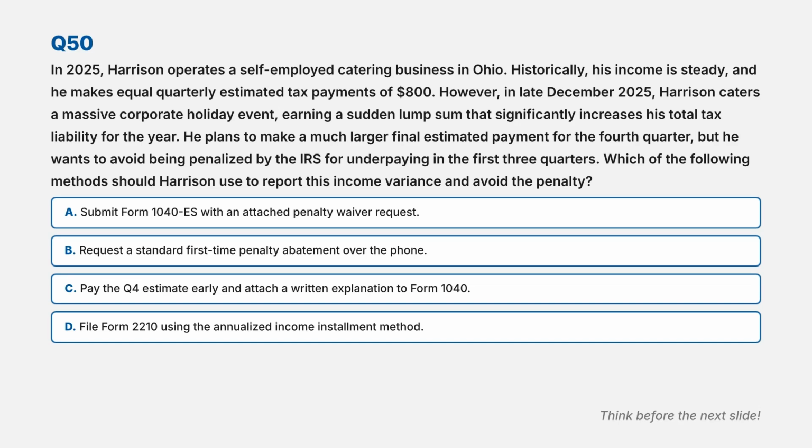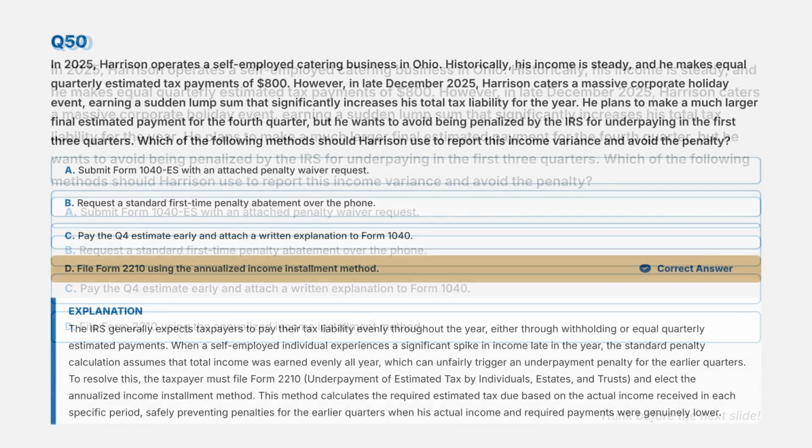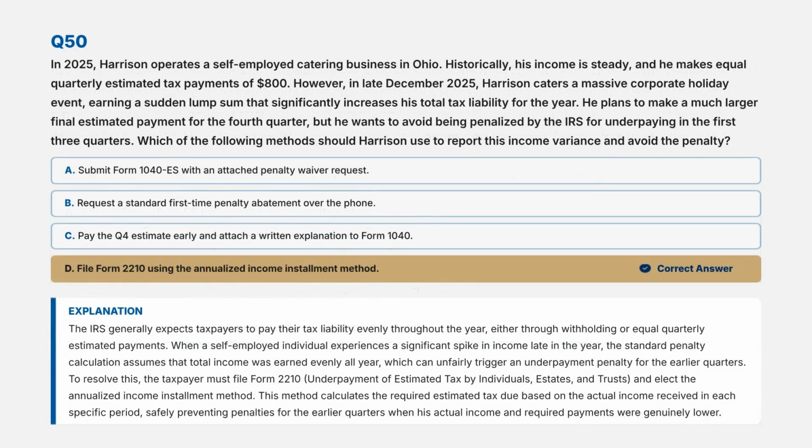D. File Form 2210 using the annualized income installment method. The correct answer is D. File Form 2210 using the annualized income installment method.